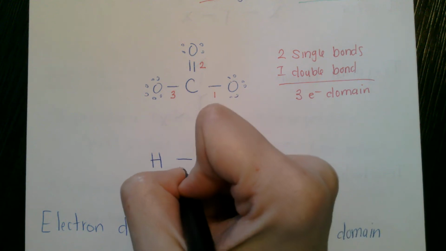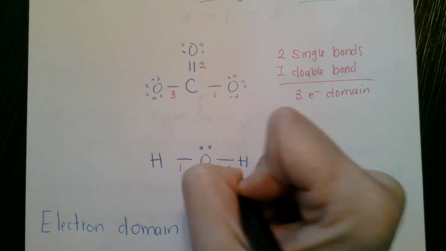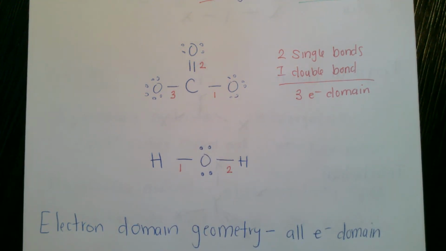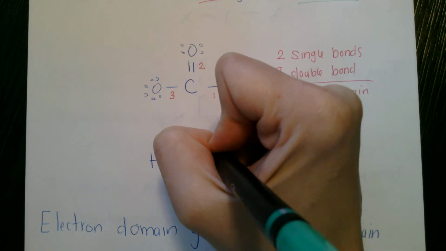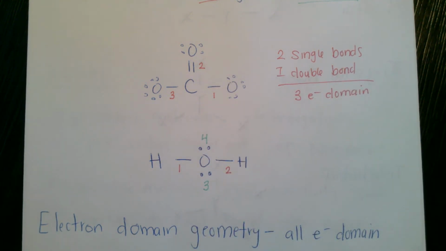Okay, so we have another example here of water, O, H, and H. If we look at this, we have 1, 2 electron domains that are bonding, and then we have 3 and 4 that are non-bonding.